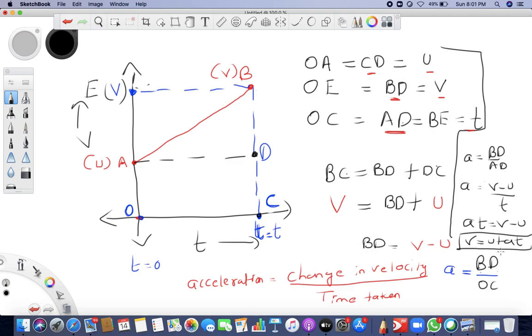Then I just write BC is equal to BD plus CD because the three points are on the same line.